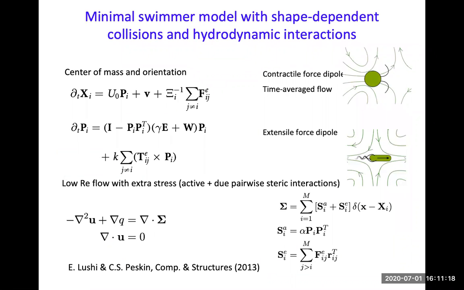So one model that I've used extensively in the last few years is just that. So we model each swimmer as an ellipsoid, and we trace the center of mass and the main direction. So what these equations essentially say is each swimmer swims in its main axis of shape, right?